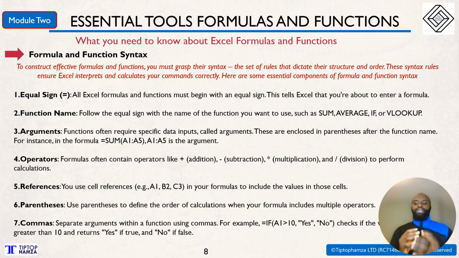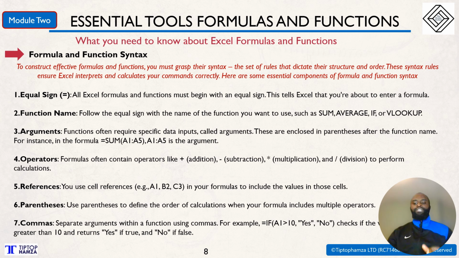So it consists of key components, which is: 1, an equal sign to initiate the formula. Next, the function name, e.g. sum, average, or if. Next is the argument enclosed in parentheses. Then the 4th one is the operators, which are majorly used for calculations, your basic arithmetic signs like addition, subtraction, what have you.